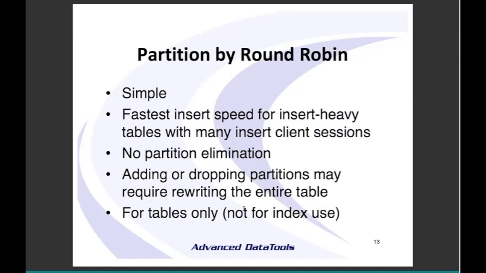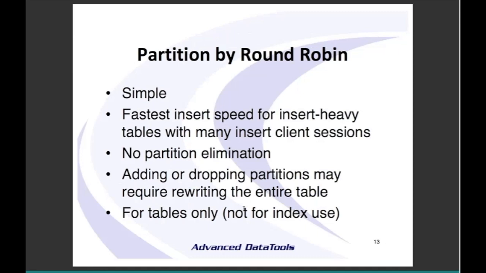And it goes round robin like that. So if you have 4 DB spaces in a load, you can be loading into all 4 partitions almost simultaneously at the same time. So this is going to be the fastest for loads.